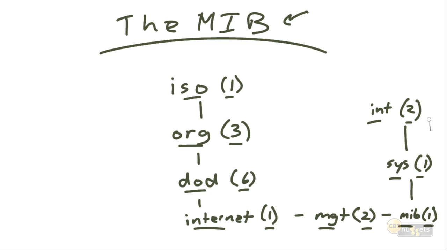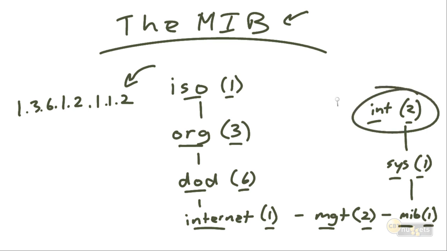And what happens is you have a numerical way that you can describe a particular MIB variable. So we know the interfaces are in 1.3.6.1.2.1.1.2, and you can describe things based on a numeric identifier of where that particular variable lives within the tree structure of variables. Pretty cool.